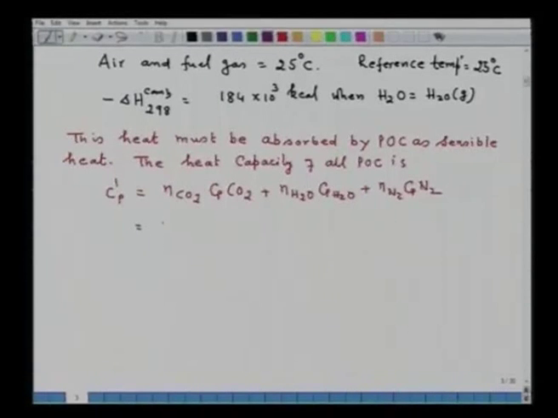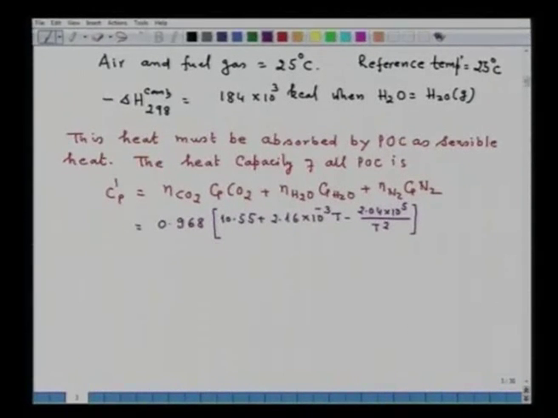So, that will be equal to 0.968 into Cp CO2, which is 10.55 plus 2.16 into 10 to the power minus 3 T minus 2.04 into 10 to the power 5 upon T square.